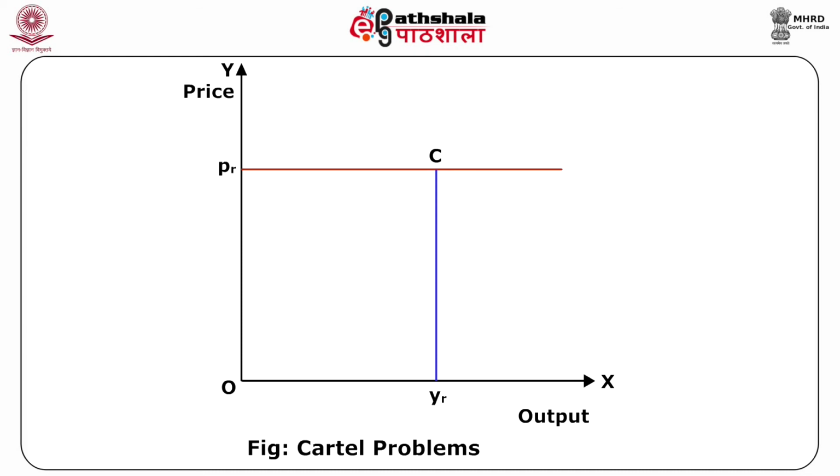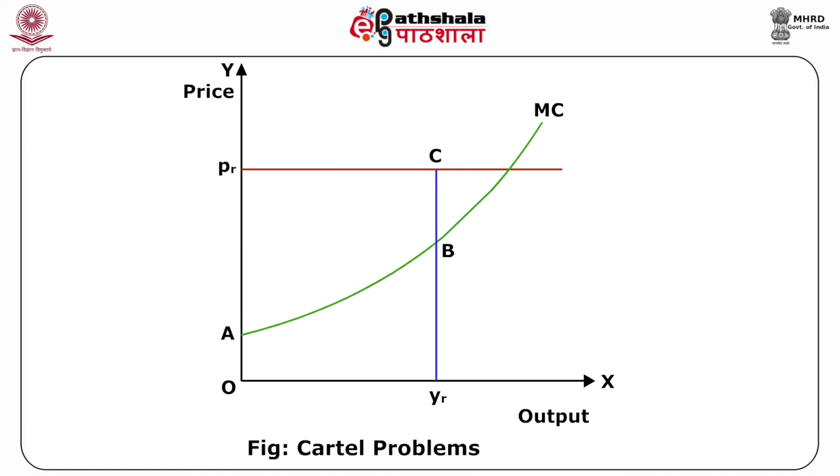Thus, at quantity YR, under cartelization, the total revenue of this member firm is equal to area OYRCPR. The total cost of this member firm is the area OYRBA under the marginal cost curve.